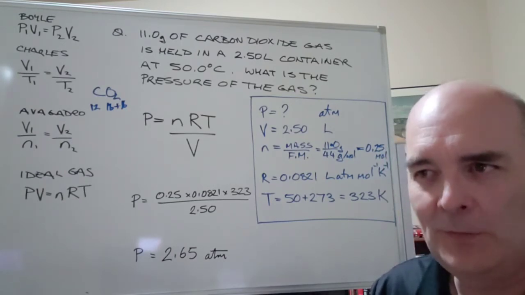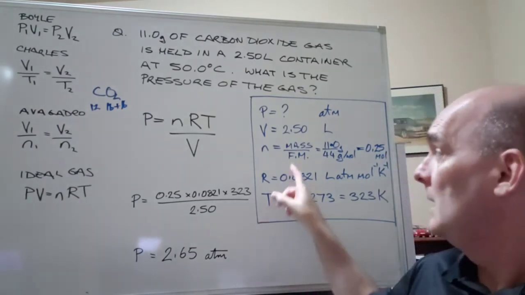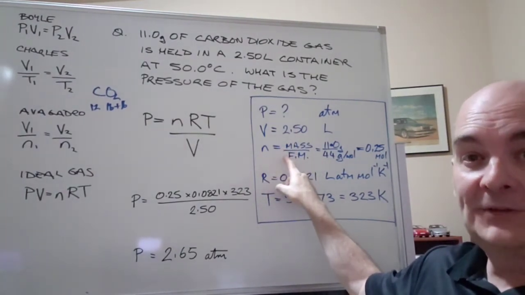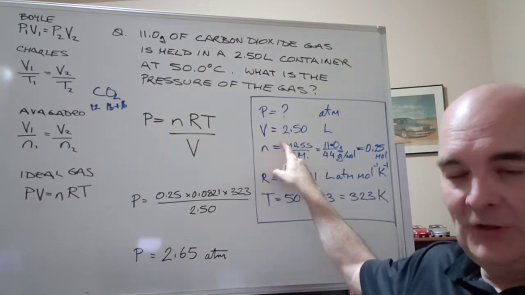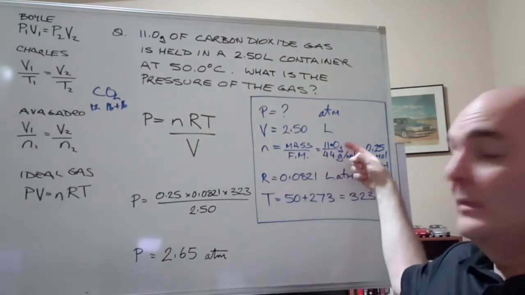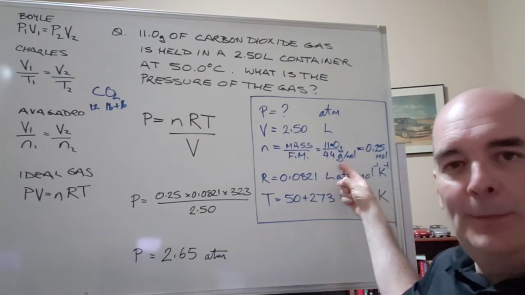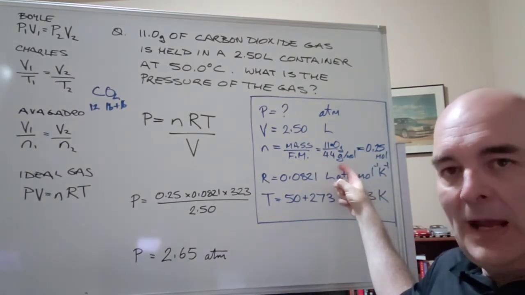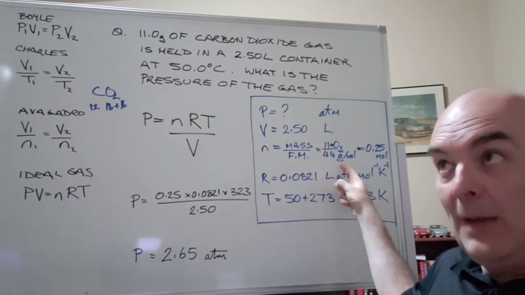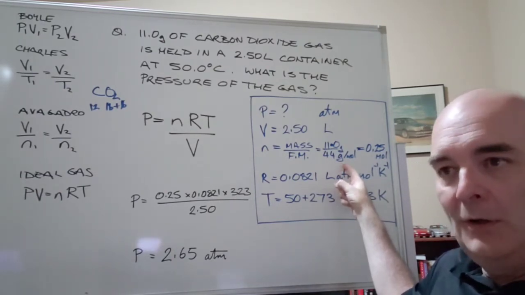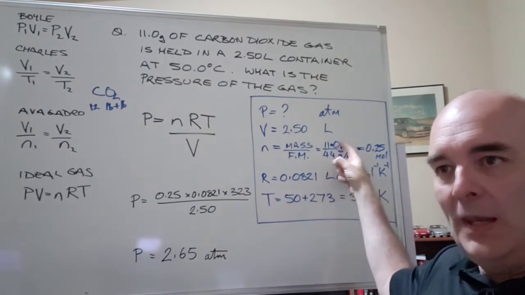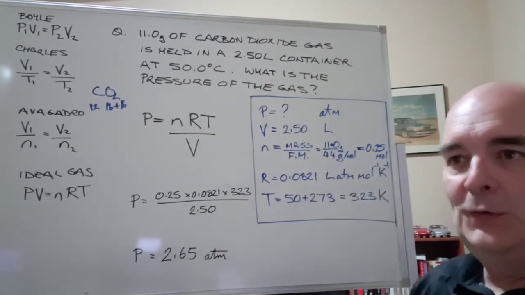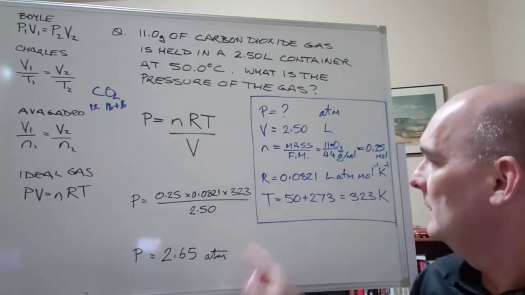Carbon dioxide has a formula mass of 44. Moles is mass divided by formula mass. Mass is in the question. It's 11 grams. Formula mass is implied in the question because it gives us the name and or the chemical formula of the molecule that we're looking for. So 11 divided by 44 is 0.25 moles.